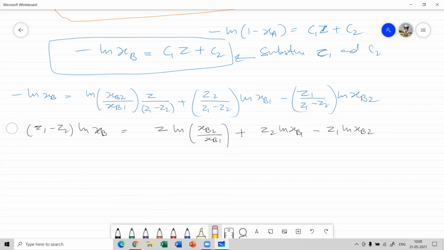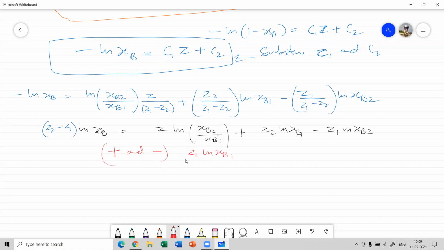Let's adjust the negative sign over here, so it will be z2 minus z. Now in this particular equation we add and subtract z1 ln xb1.